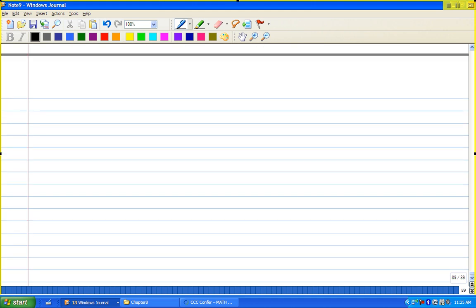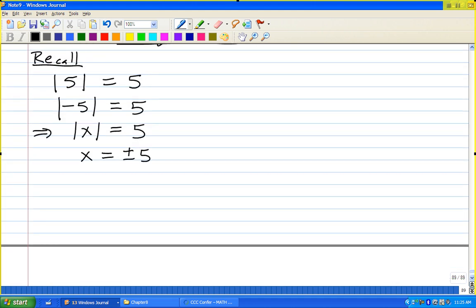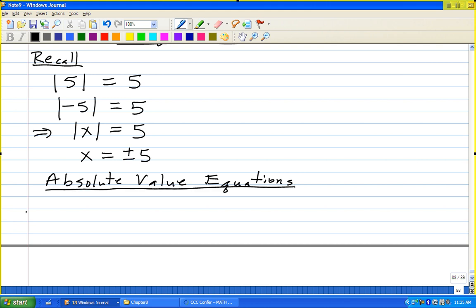So let me give you some conditions on how to solve absolute value equations, given this as a guide. Suppose that I want to solve the equation absolute value of x is equal to a, and I'm going to look at some conditions first.